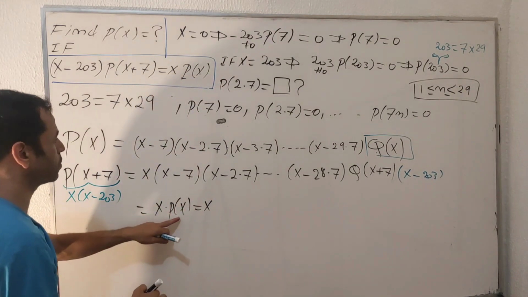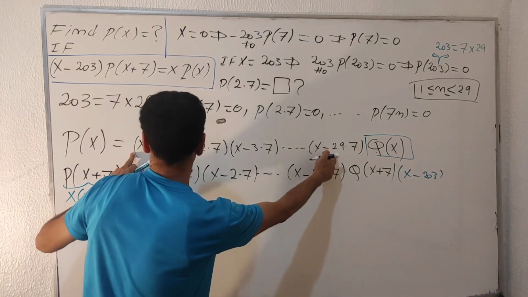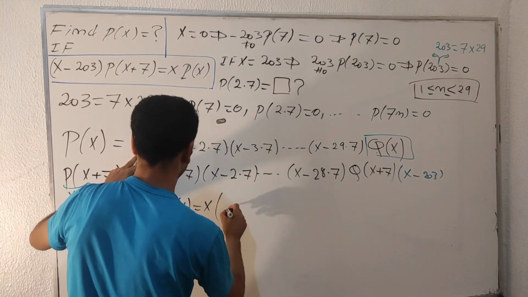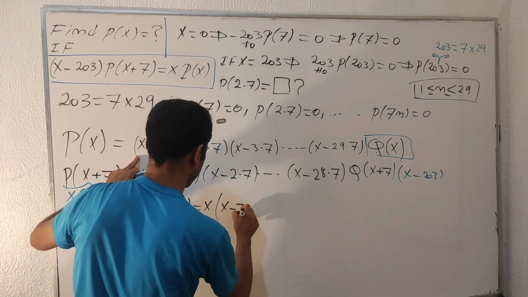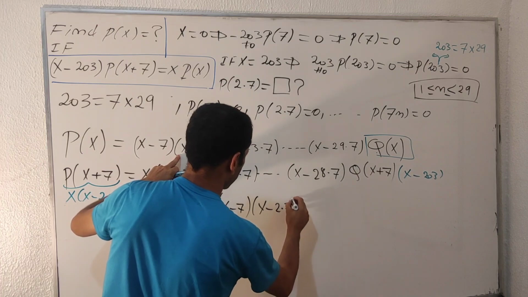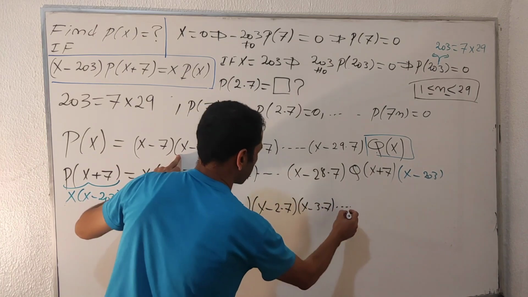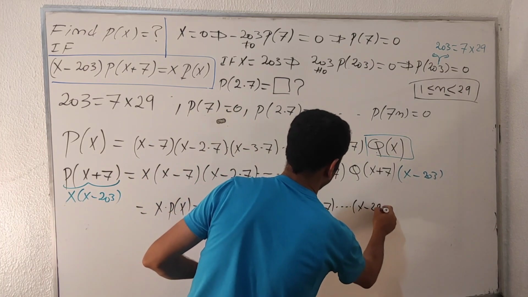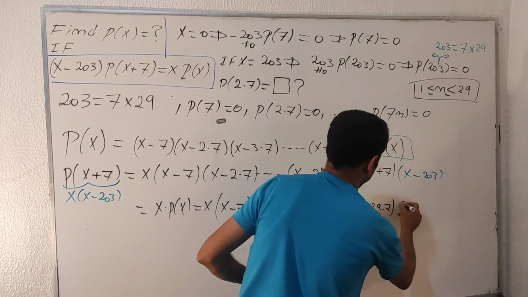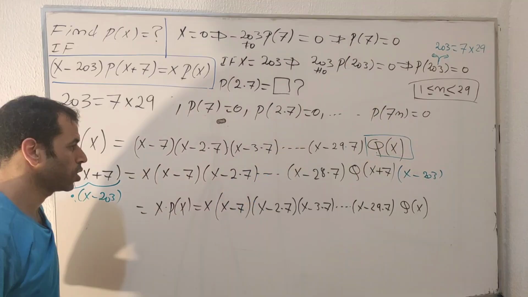I'm going to replace p of x with the expression we found before, which is x minus 7 times x minus 2 times 7 times x minus 3 times 7, and all the way down to x minus 29 times 7 times q of x.